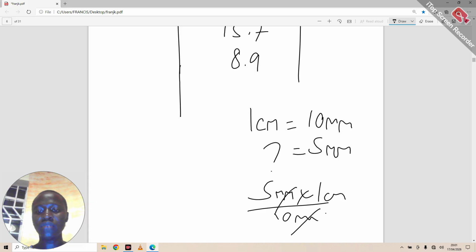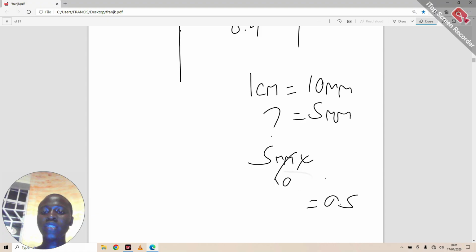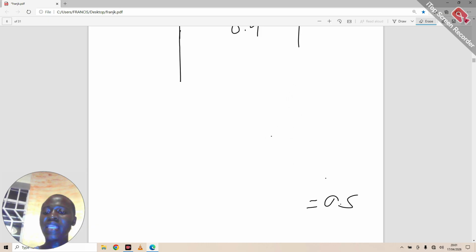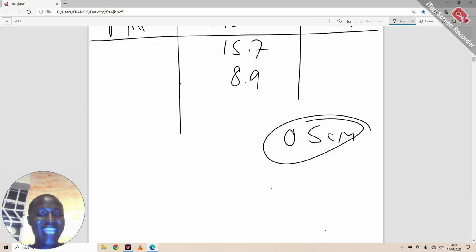So millimeter cancels millimeter, and 5 divided by 10 gives us 0.5. 0.5 what, guys? 0.5 centimeter. Remember, this is still accuracy, but it is accuracy expressed in the same units as the given measurement.